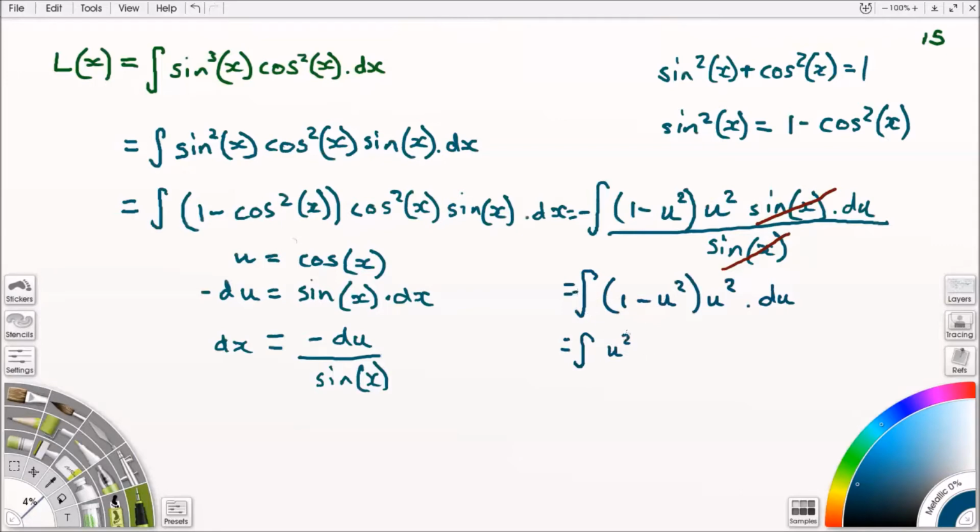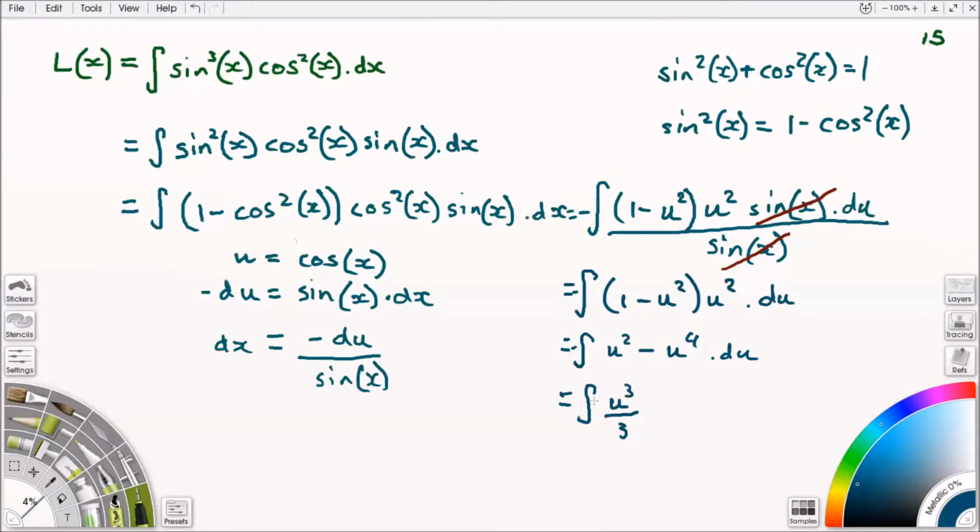Since we have a minus here, no, that won't change anything. So we'll still add u to the fourth. We're integrating this here now with respect to u, which will equal, well, we raise the power as we've done the reverse power rule for integration in the past videos.